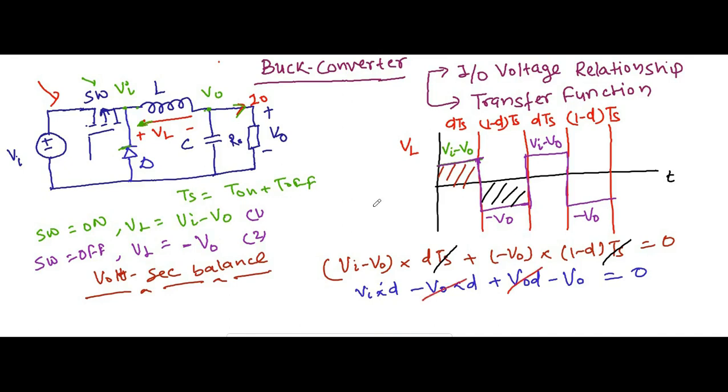So now what you have is Vi into d minus V naught equals 0.